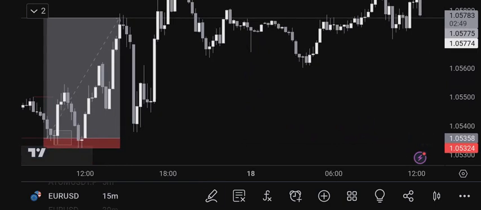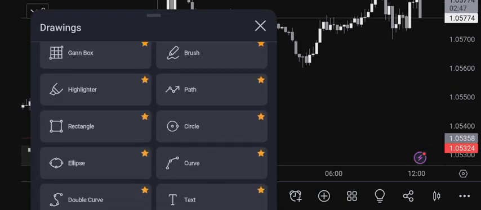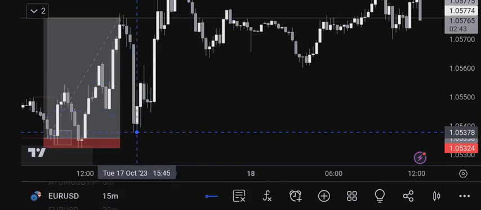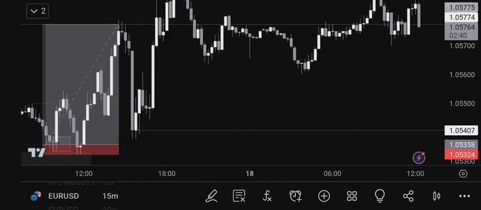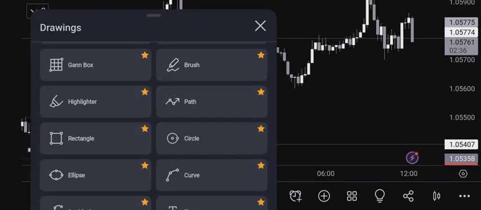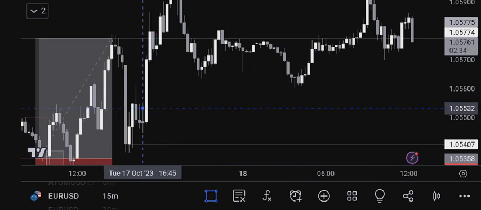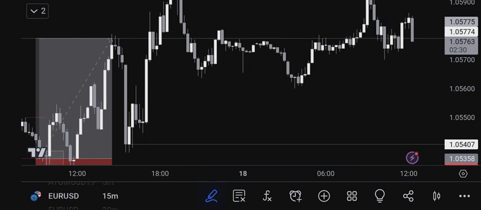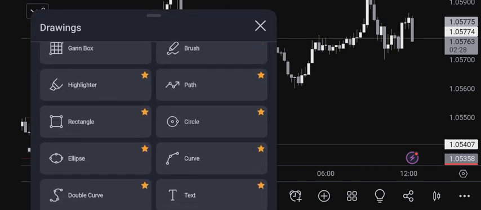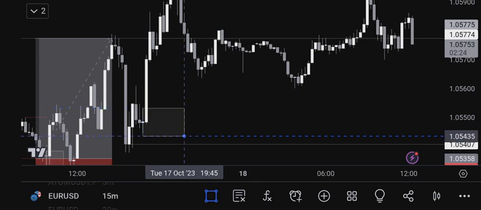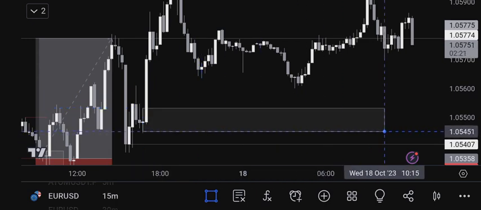So you have price creating, first off, this low here, and then you see price creating this other block. And you see price creating this other block here, right?